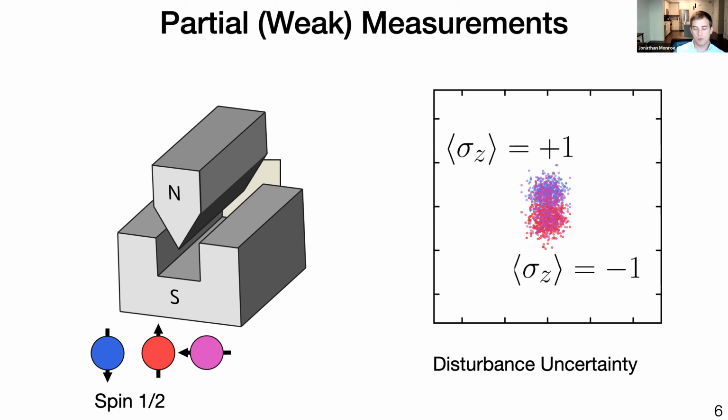But I want to highlight that this is a separate issue, that the disturbance to the wave function is separate from the randomness of the outcome. And so there's another feature here, disturbance uncertainty, that these weak measurements help us address. Okay, so that's a very quick version of quantum measurements. Let me tell you a little bit about how those measurements work in practice.